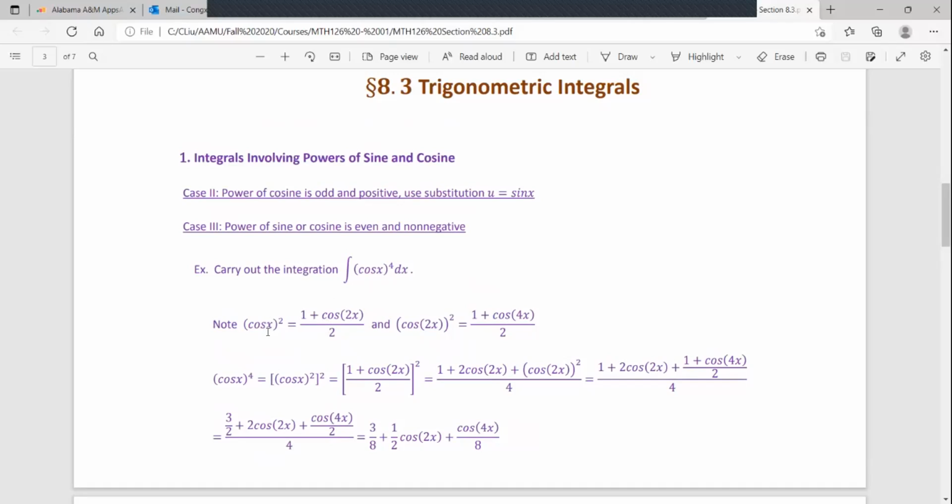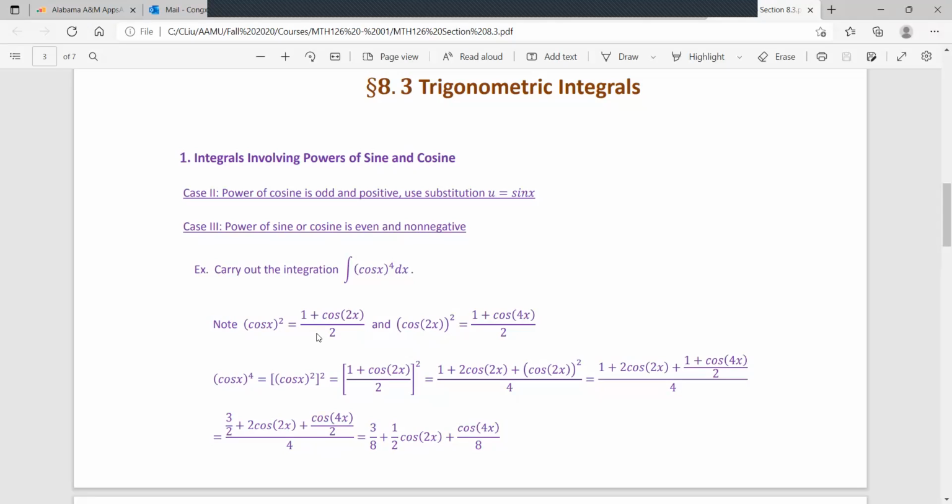So when you replace x by 2x, it becomes cosine 2x squared equals 1 plus cosine of 2 times 2x, which is 4x, over 2. So we got the identity cosine 2x squared equals 1 plus cosine 4x over 2. That will be used in this particular problem.